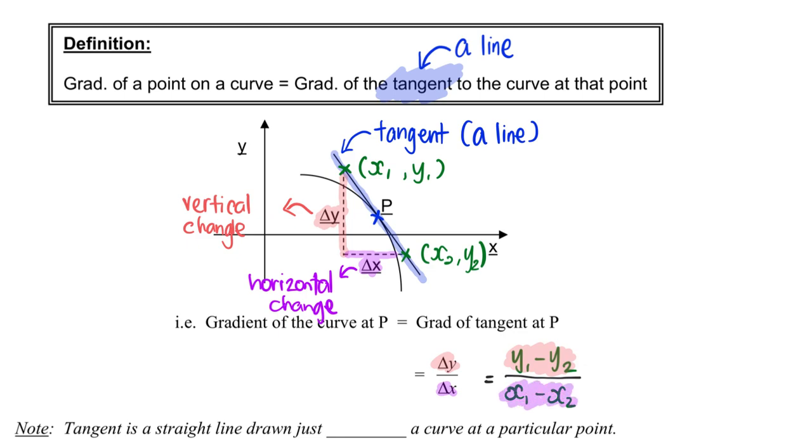And of course, you can also rewrite it as y2 minus y1 over my x2 minus x1. They will yield the same value, so they are equal to each other as well. And that forms the basis of how we find the gradient at any point on a curve.